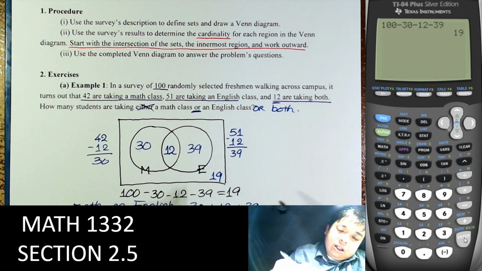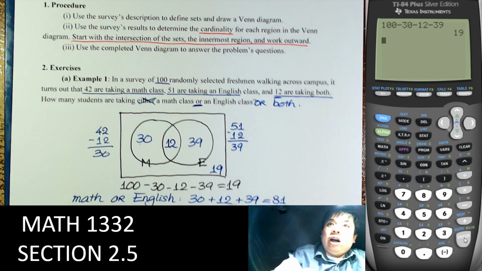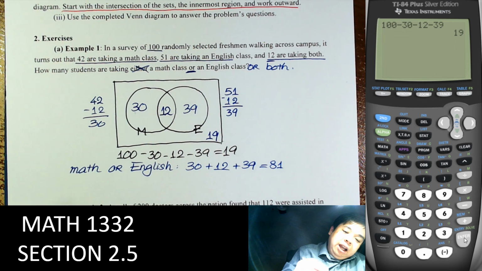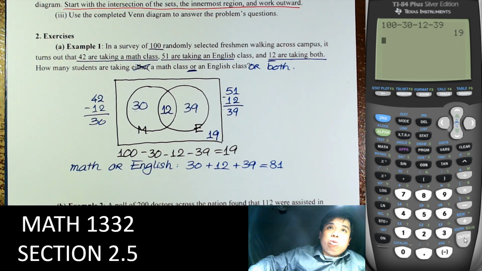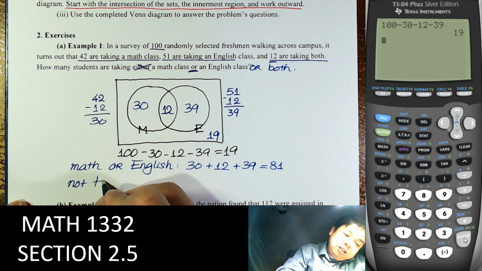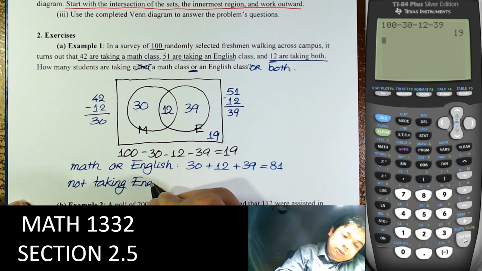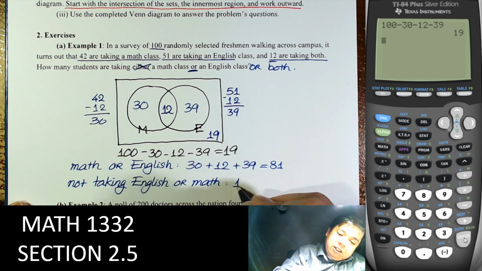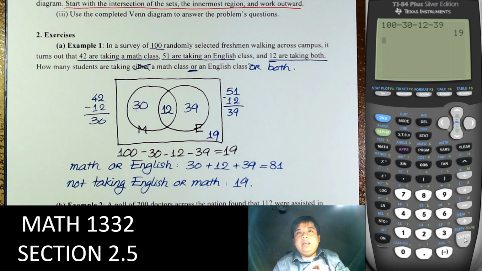So pretty much that is 81. So 81 students will take either math or English, could be both. And the 19 here, if we want to check that, are not taking English or math. That is the 19. Right, so as you see, we start with the most common, the intersection, and then work our way outward.